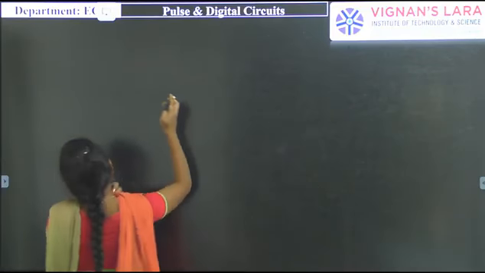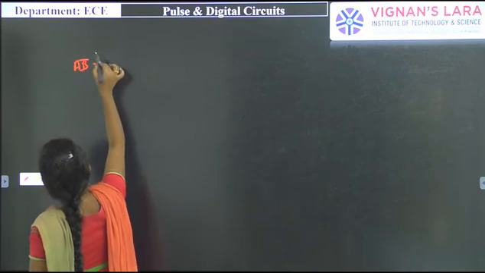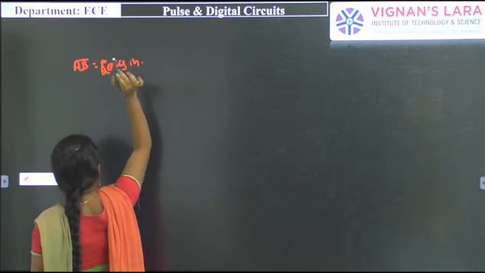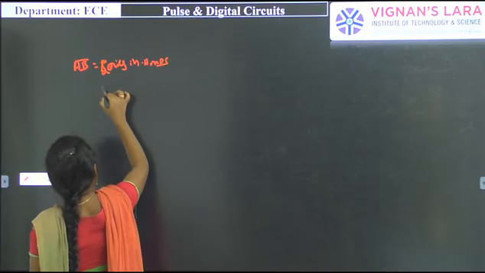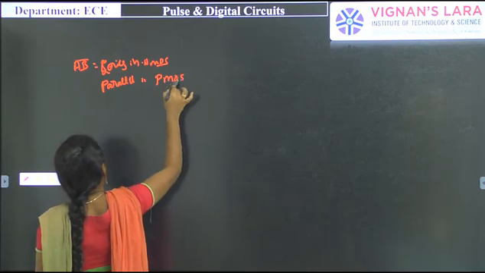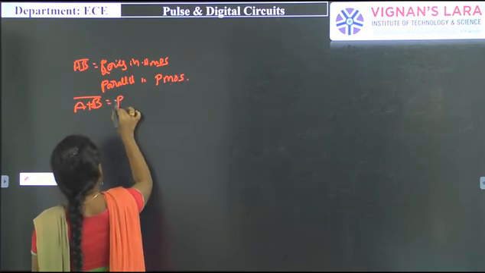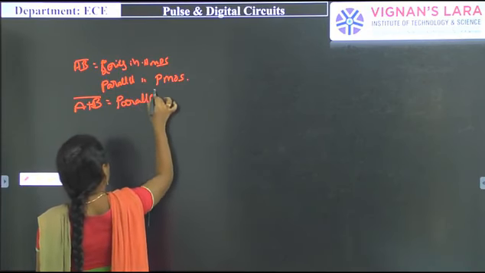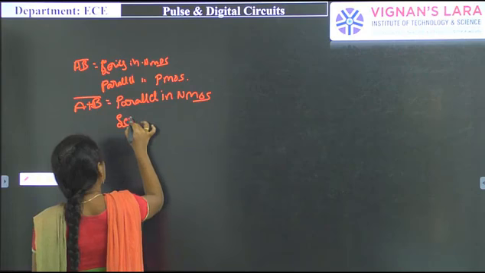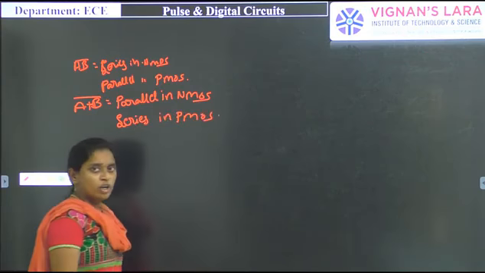So we represent (A·B) bar, which can be connected in series in NMOS and parallel in PMOS. And (A+B) bar, that is the NOR connection, is parallel in NMOS and series in PMOS. Any circuit has to follow these conditions.